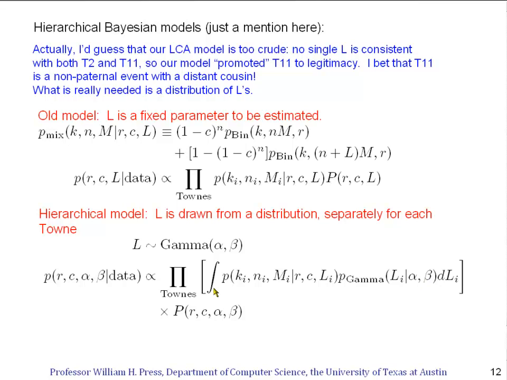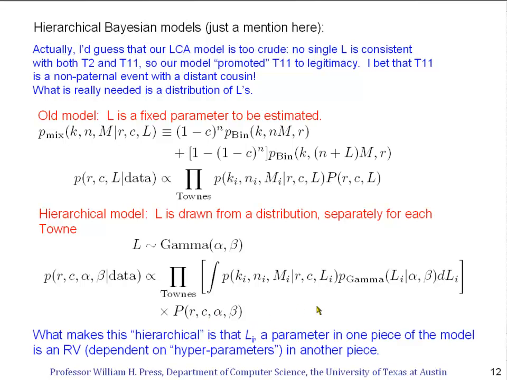And now the key point is we marginalize, the integral here and the dLi here, over all of the individual values of Li, leaving in the model only these hyperparameters alpha and beta. Of course we need to have a prior on everything: RC, alpha, and beta.